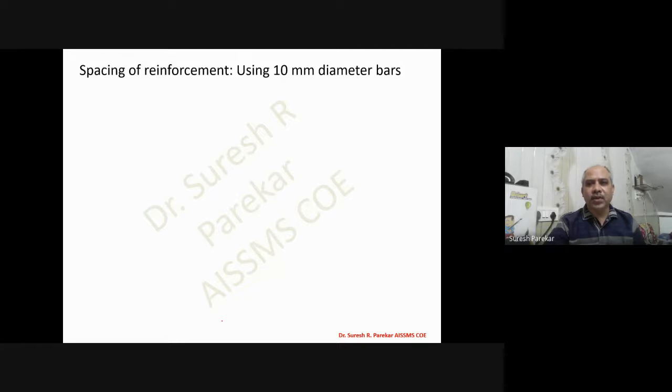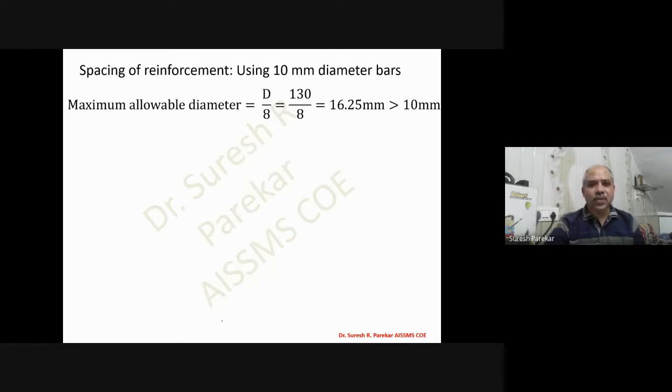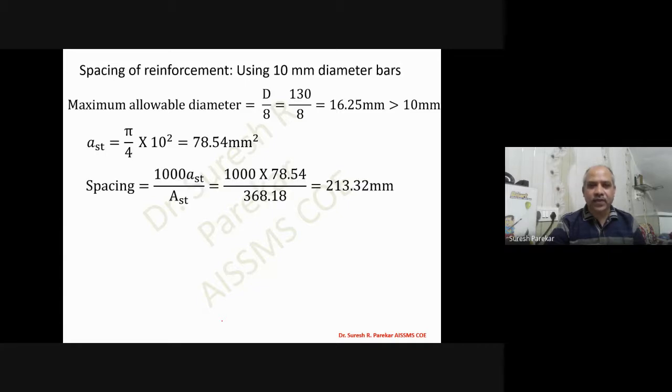For spacing, we are going to use 10 mm diameter. The maximum allowable diameter as per IS code is 16.25, which is greater than 10, so 10 mm is okay. Now small ast, that is the area of one bar we are going to provide, for 10 millimeters we have area 78.54 mm square.